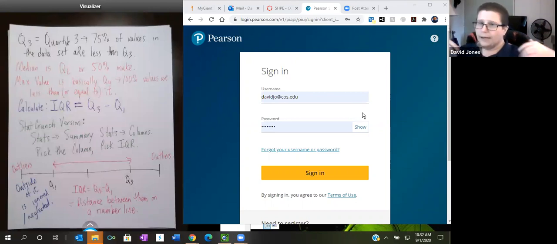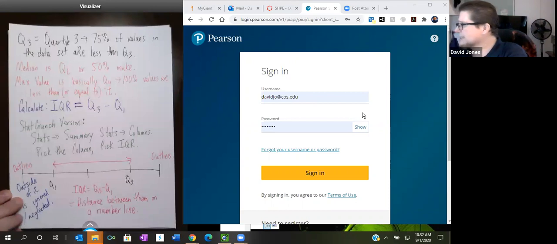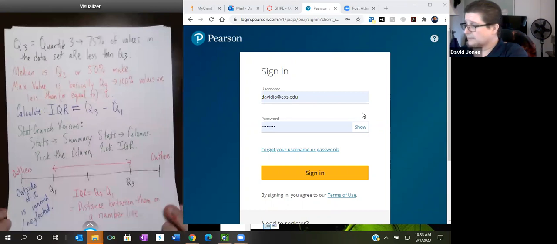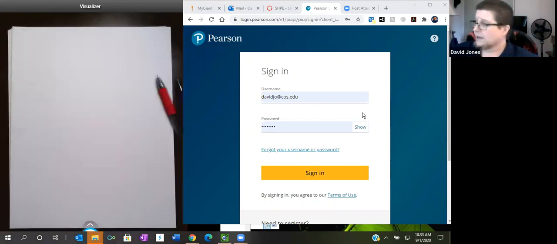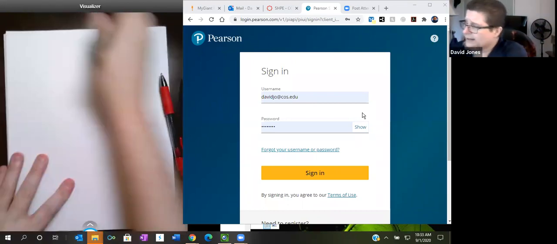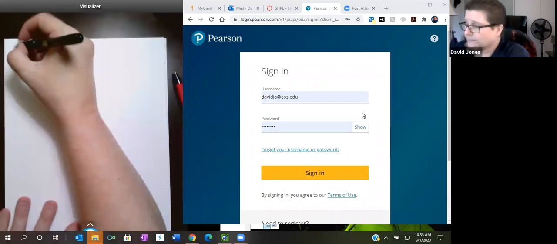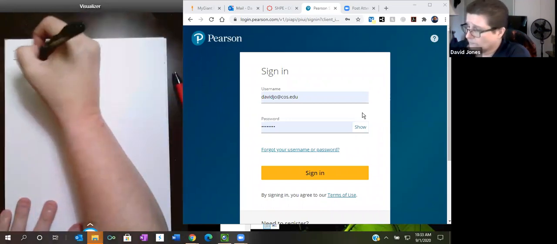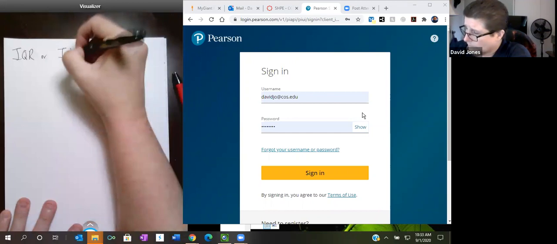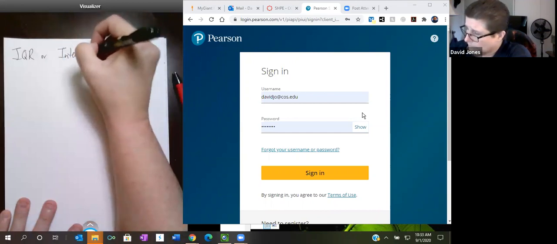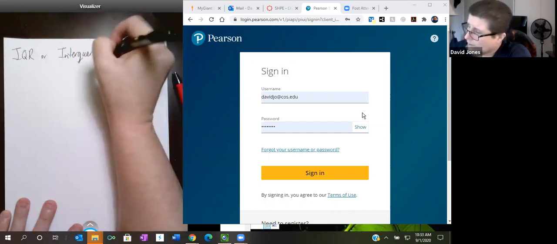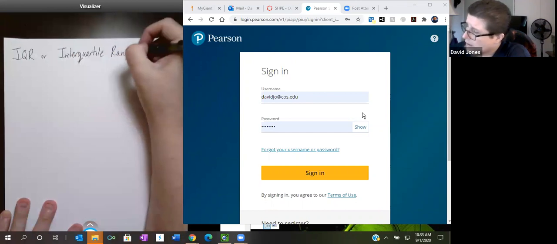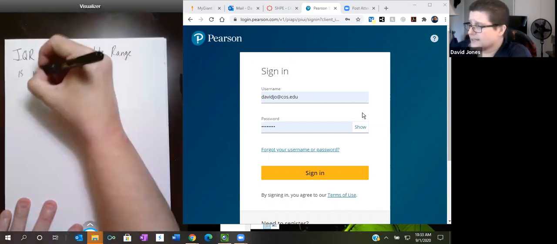So it kind of ignores the input of Bill Gates on income, which means IQR, or interquartile range, is resistant to outliers.